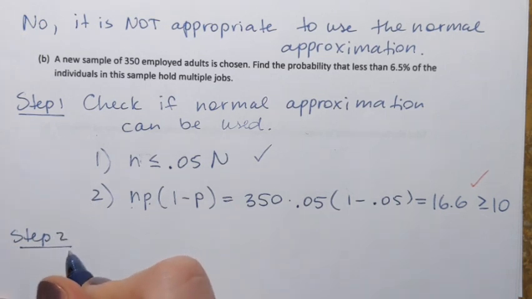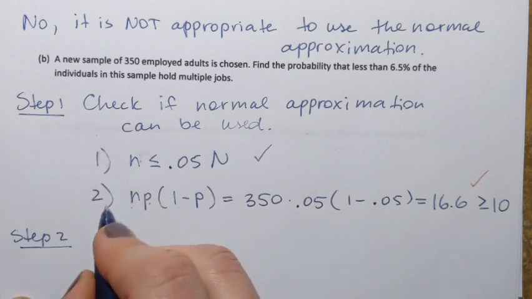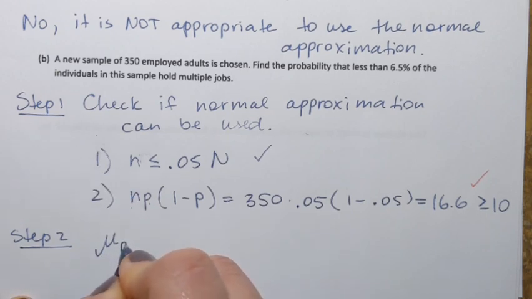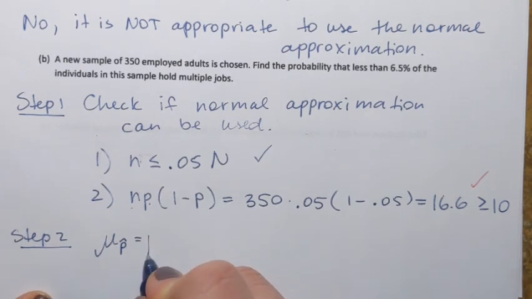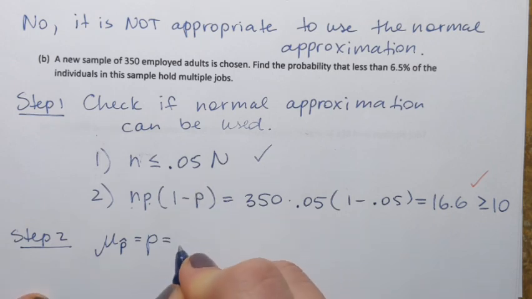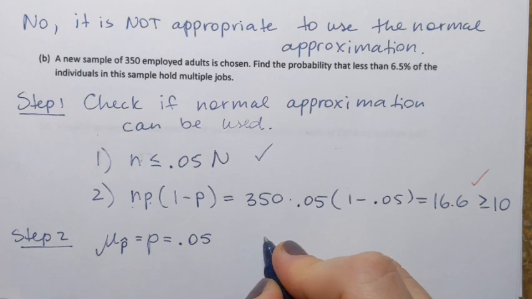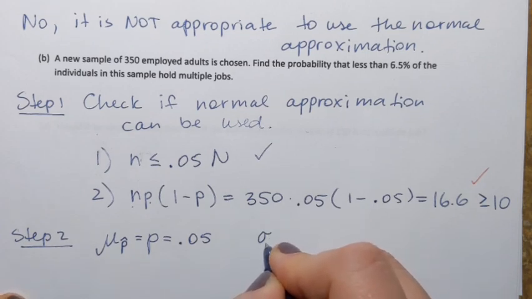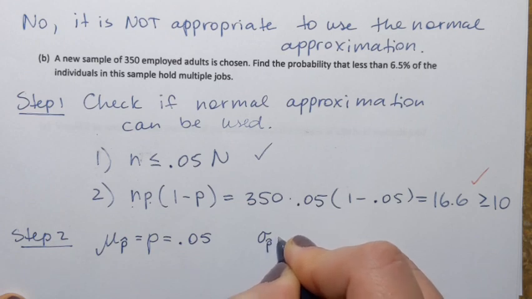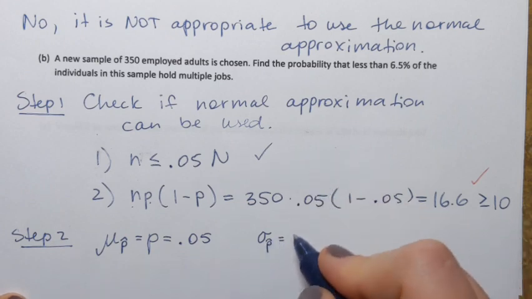Well, to find the mean for the sampling distribution of the sample proportion, denoted by mu p hat, we simply have to set it equal to the population proportion. So it's always going to be the same as the population proportion, which is 0.05. And then to find the standard deviation of that distribution, sigma p hat, we have to use a little formula, and it goes like this.